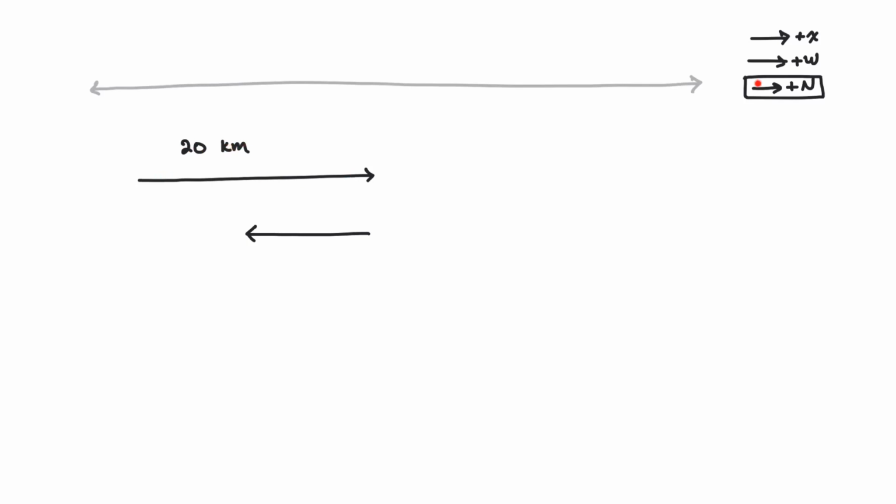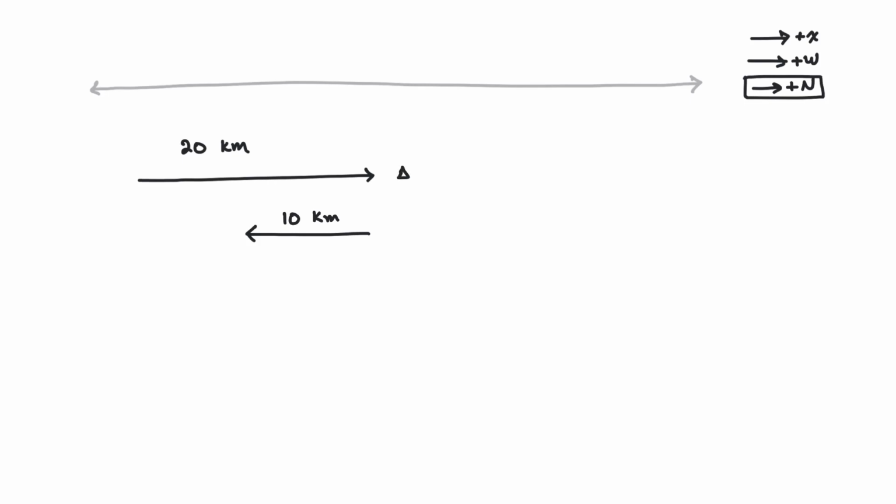The direction of it is in the positive north direction. So if the size of this is 20, if this one is half of the size, then its size would be 10 kilometers. So this one is half.